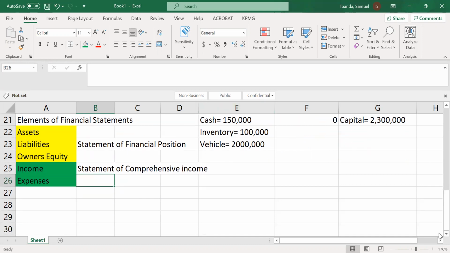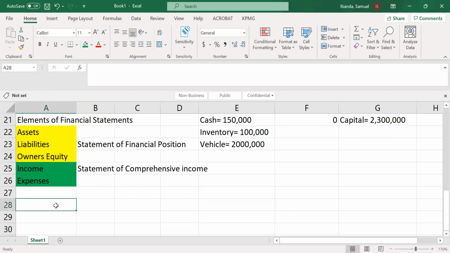Now, it's also good to note that these 2 financial statements, the statement of financial position and the statement of comprehensive income, have a relationship between the 2. The relationship is that after you have gotten the profit or loss in the statement of comprehensive income, you transfer this to the statement of financial position under your equity.